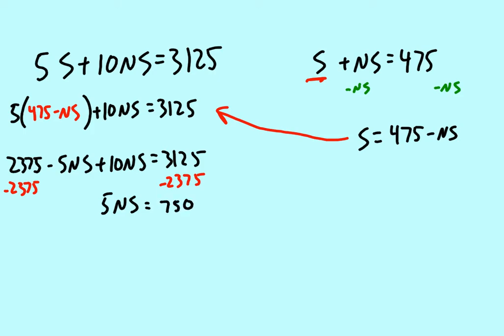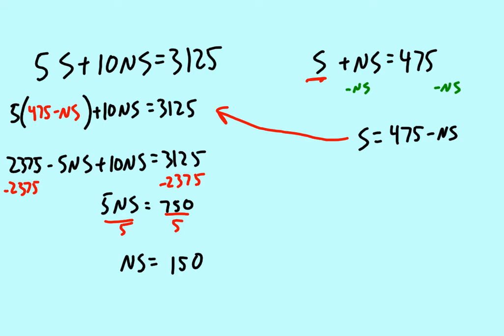Does that look about right? Yeah, I think it does. And if I divide by 5 on each side, that's going to leave me with non-student tickets are going to be 150.